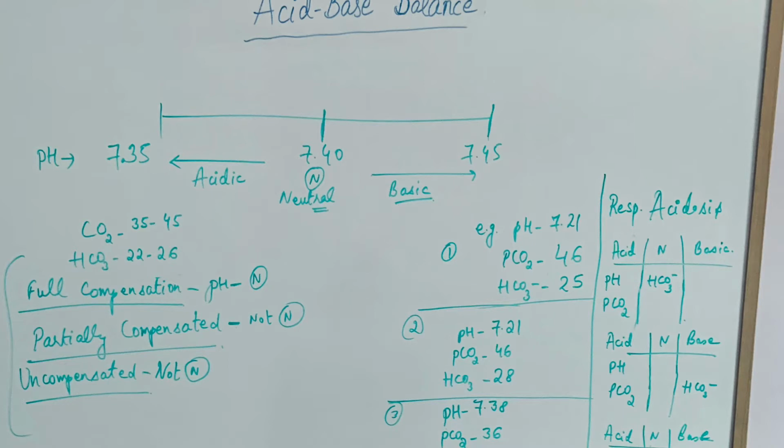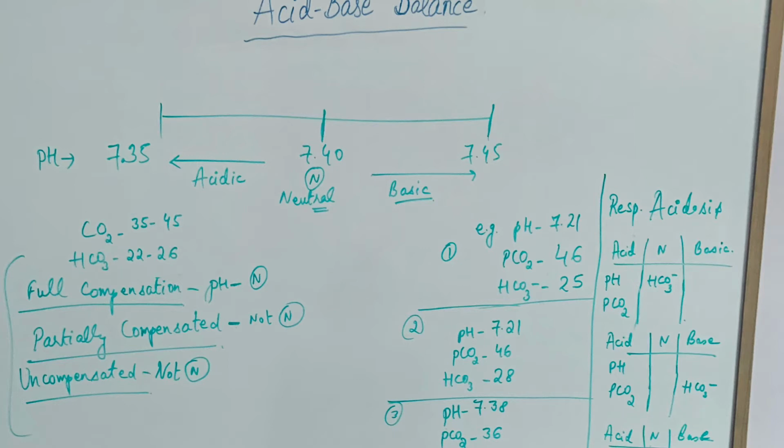Anything less than 7.35, as you can see on the board, is acidic, and anything more than 7.45 is basic. The arrow goes in that direction. The level of carbon dioxide is 35 to 45 normal, and bicarbonate is 22 to 26. So all these are normal values.